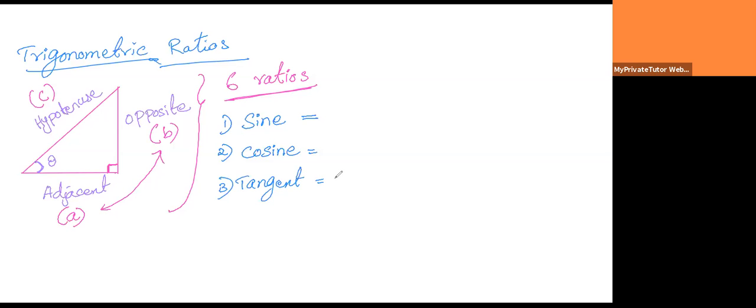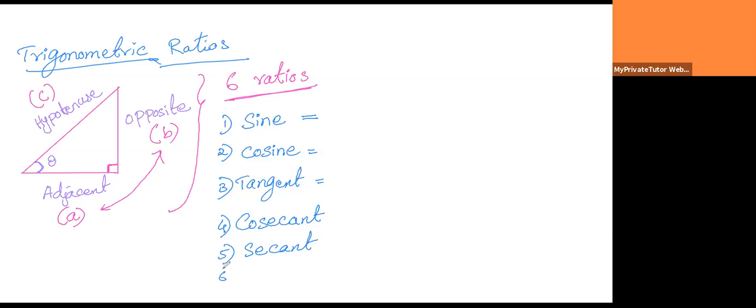Okay, so the first one is sine theta. The second one is cosine. The third one is tangent. The fourth one is cosecant. And the fifth one is secant.